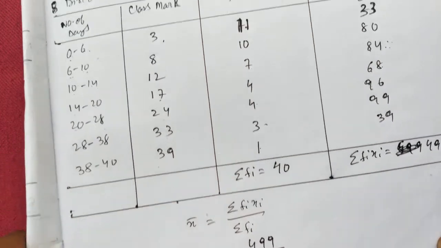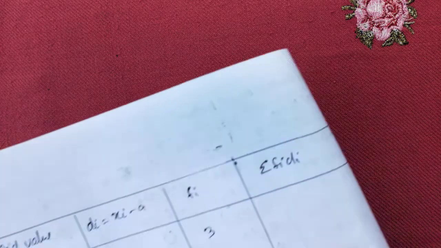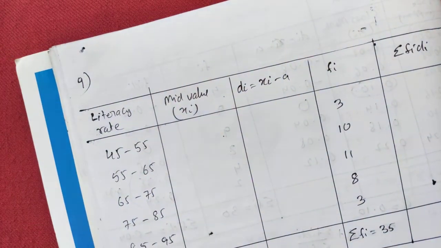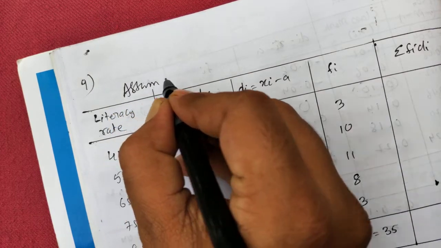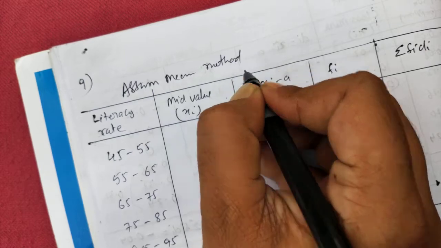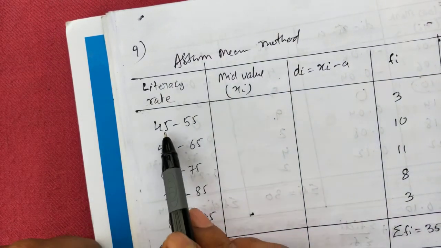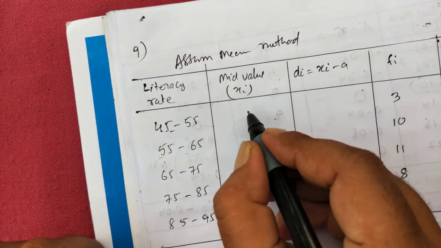Let's do the last question of this exercise. We'll use the assumed mean method. Here the class size is the same, a difference of 10. So between 45 and 55 is 50.